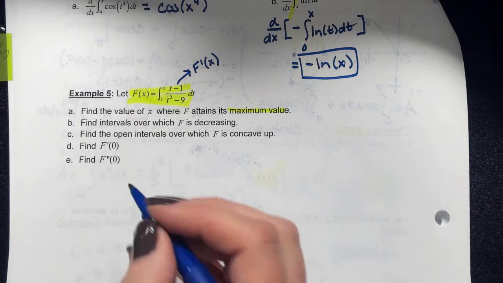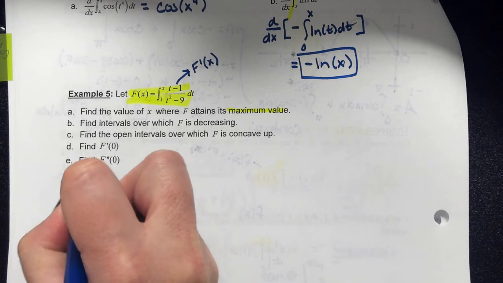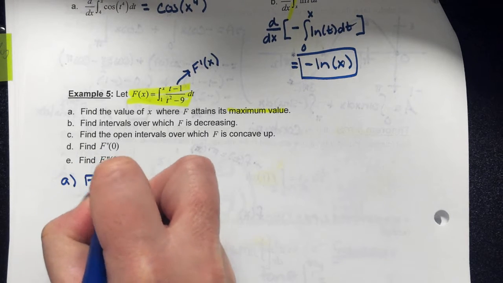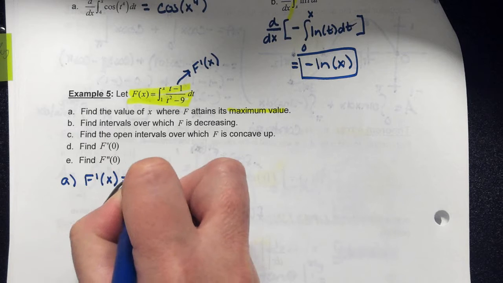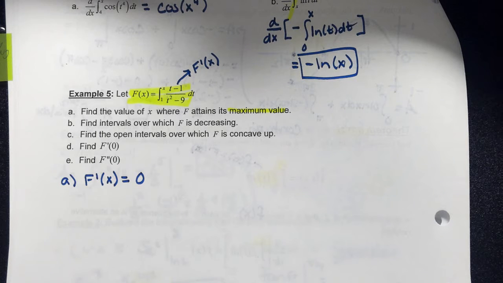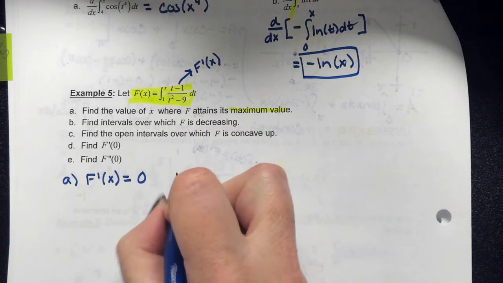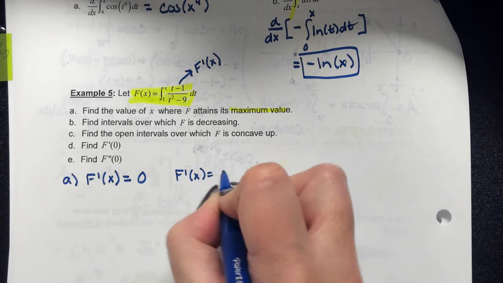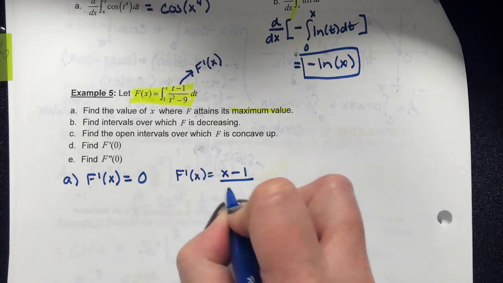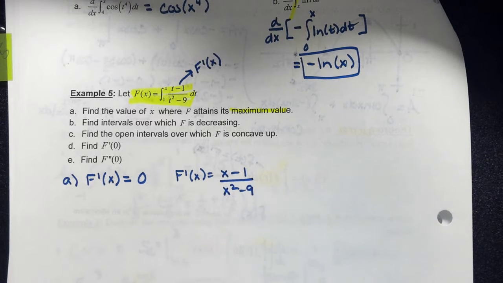So then I know that for part A, I have to take f prime of x and set it equal to 0 to find the critical numbers. So f prime of x is equal to (x minus 1) over (x squared minus 9).